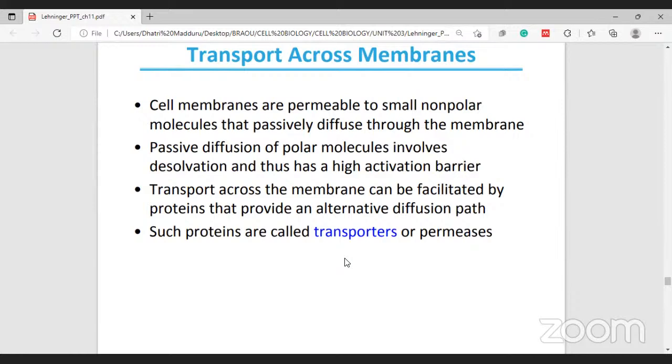But the passive diffusion of polar molecules involves desolvation and a high activation barrier. The transport across the membrane can be facilitated by proteins. This is assisted transportation. We have transporters, permeases, which can help in transportation across the membrane.